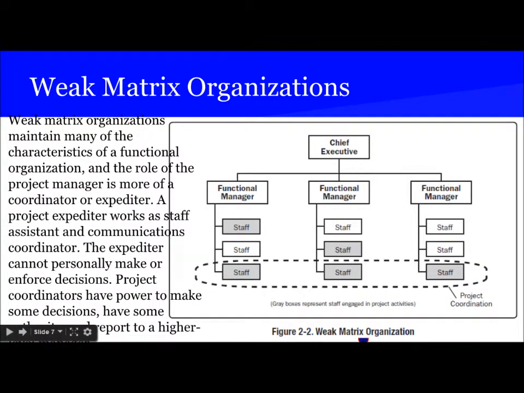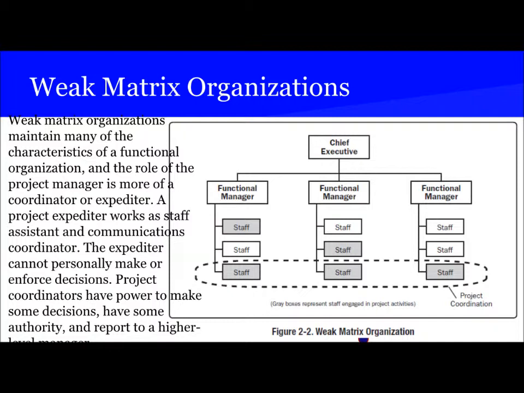In case of weak matrix organization, weak matrix organization maintains many of the characteristics of functional organization, and the role of the project manager is more of a coordinator or expeditor. A project expeditor works as a staff assistant and communication coordinator. The expeditor cannot personally make or enforce decisions.